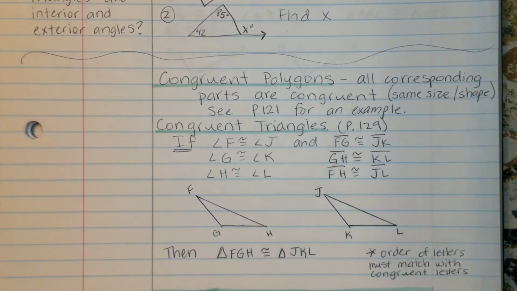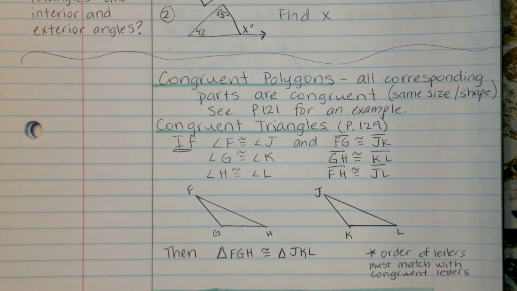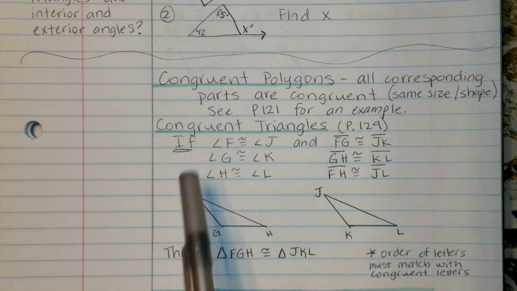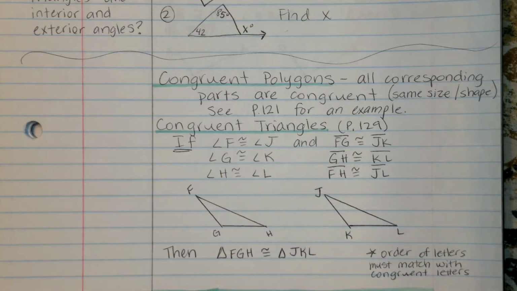Okay, so feel free to look at that for a little more information. Okay, so congruent triangles, this is on page 129. So feel free to look in your book. It looks very nice in the book.